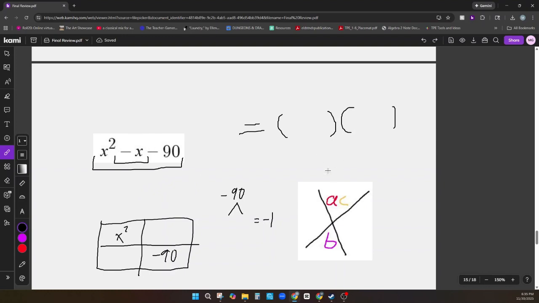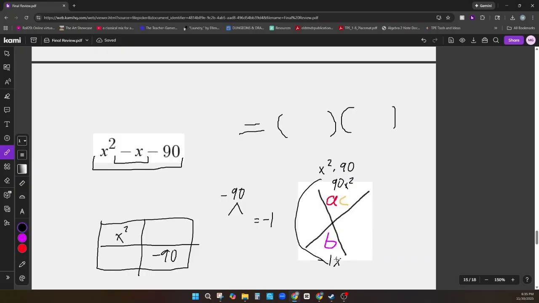The reason I'm using 90 rather than any other number is because x squared times 90 gives me 90x squared. So there's no change in the numbers that I'm working with when I put it inside my generic diamond. And of course, what I'm still aiming for is negative 1x.